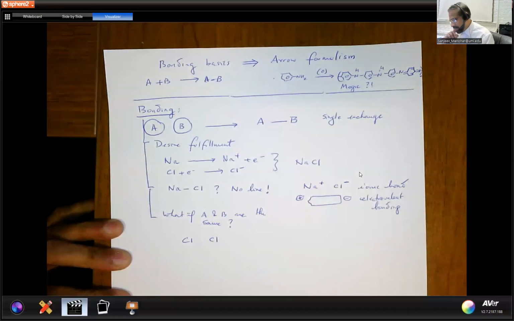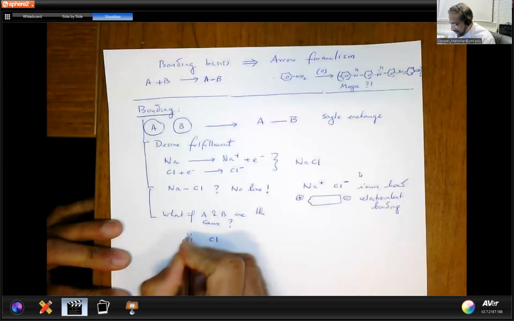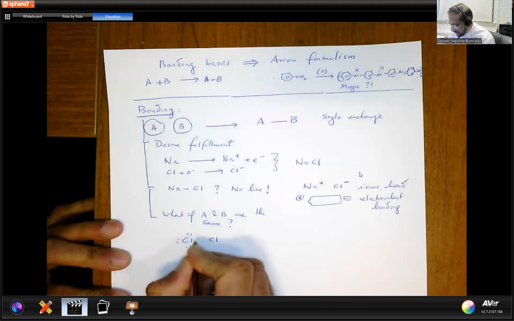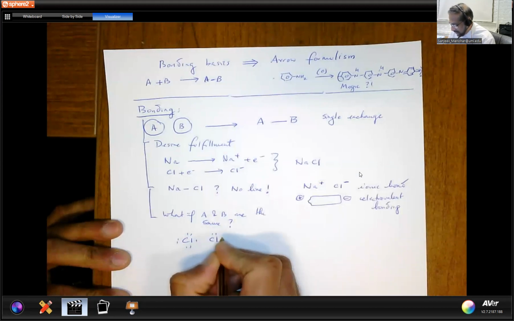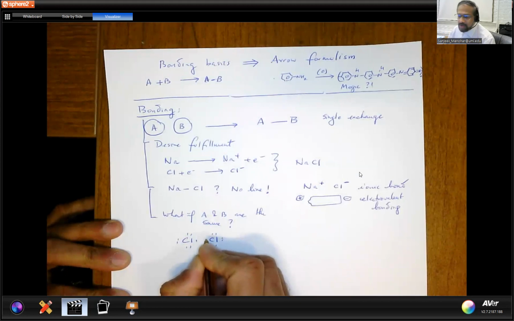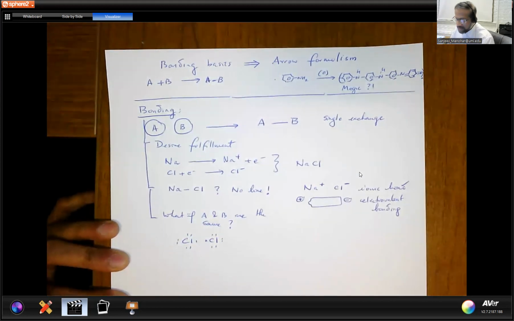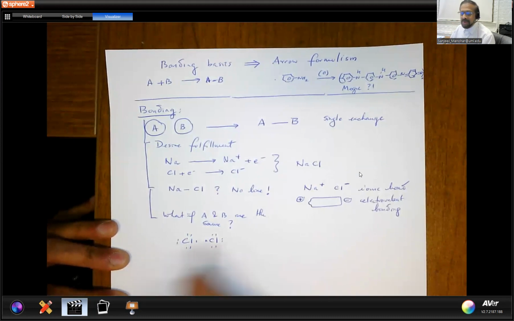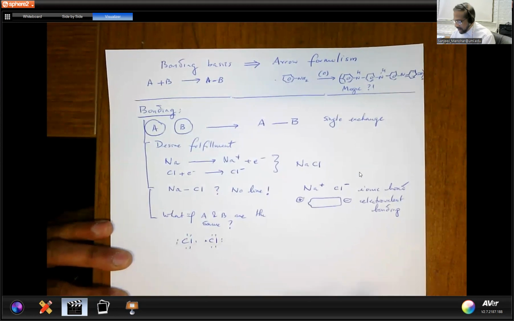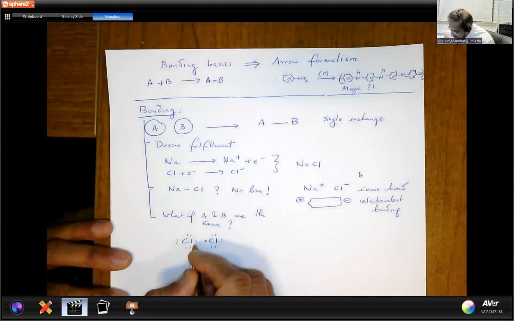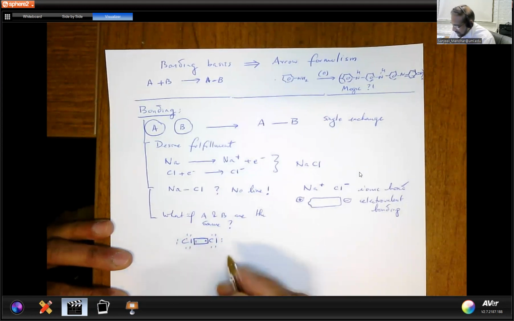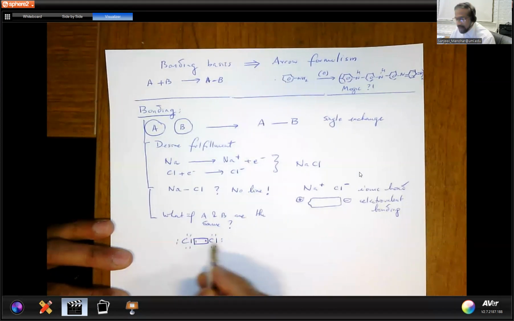See, chlorine has 7 electrons in the outer shell: 1, 2, 3, 4, 5, 6, 7. What it says is, all right, I don't want to give off my electrons. We are just equal, right? We're just like twins. But if we can share these 2 electrons equally, then we'll have a total of 8 on each side, right?